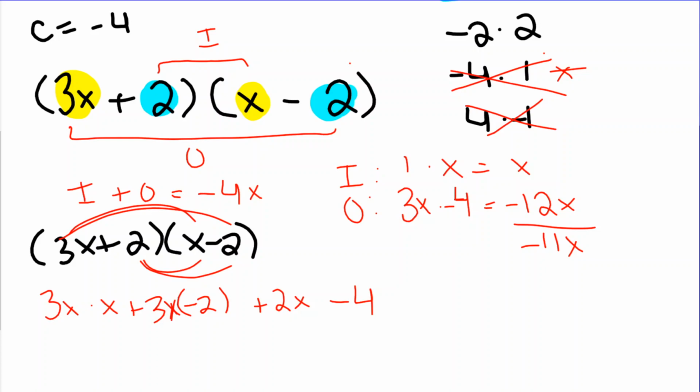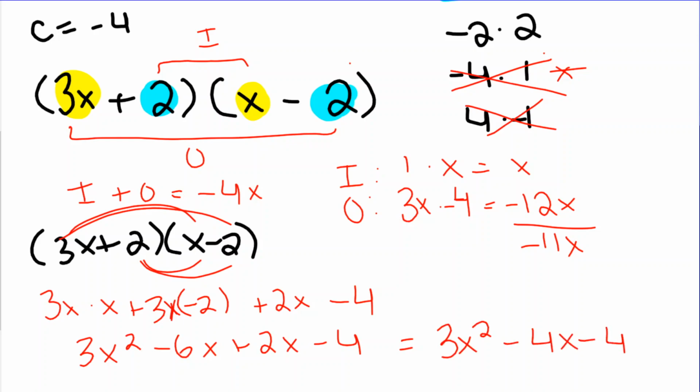I want to make sure this gives me a 3x squared. This is going to be, oops, not a plus, sorry, a -6x plus 2x minus 4, which simplifies down to 3x squared minus 4x minus 4.